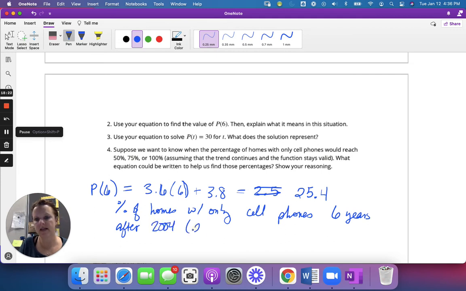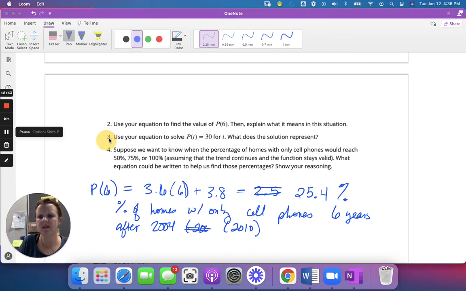Or you could say 2010. 2010. Okay? 25.4%, the percentage of homes with only cell phones 6 years after 2004, or 2010. Use your equation and solve it for t.